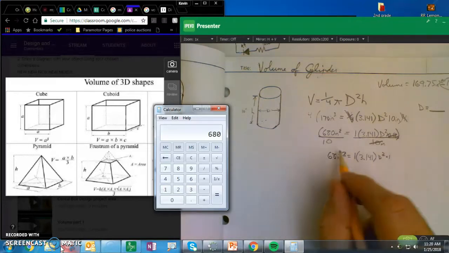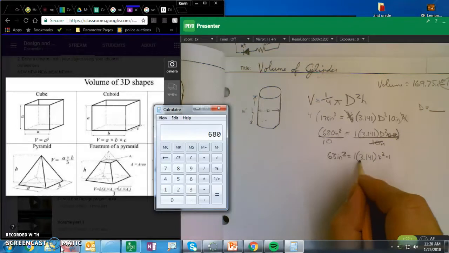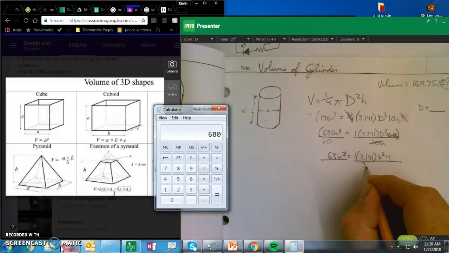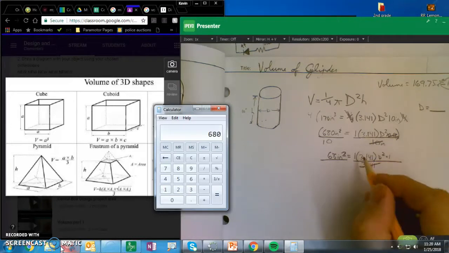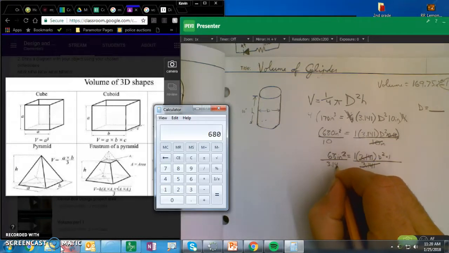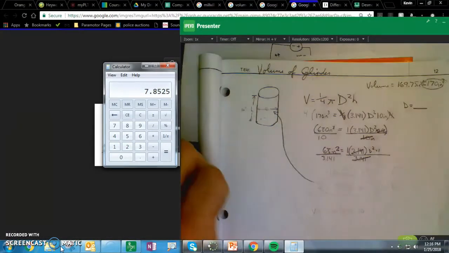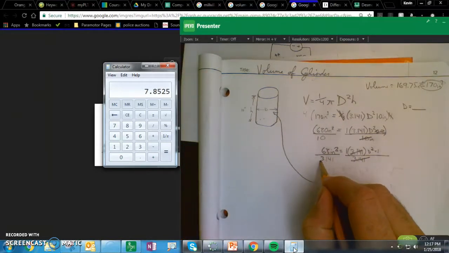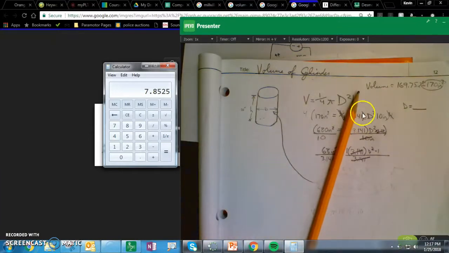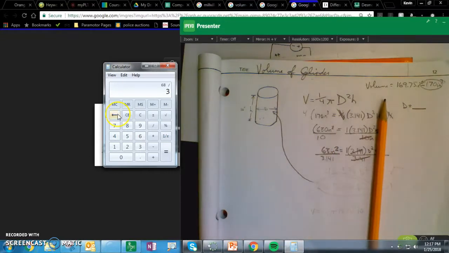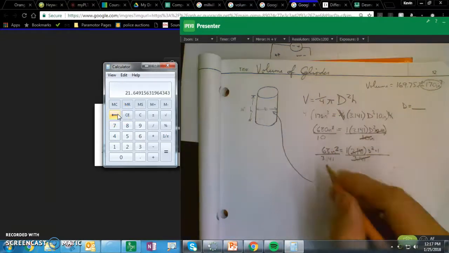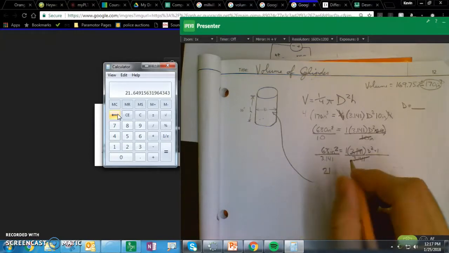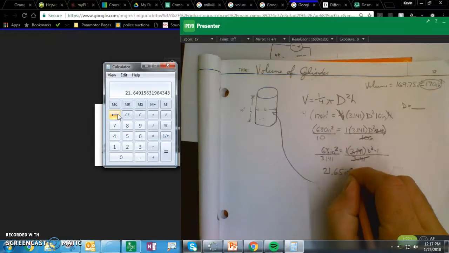We're almost there. We're going to divide both sides by 3.141. Cancel that. Cancel that. So you divide by 3.141 on both sides. And when you divide out 68 divided by 3.141, you end up with 21.65 inches squared.